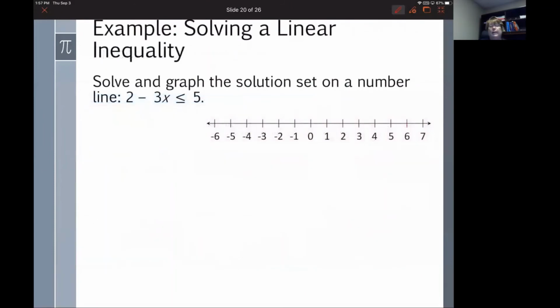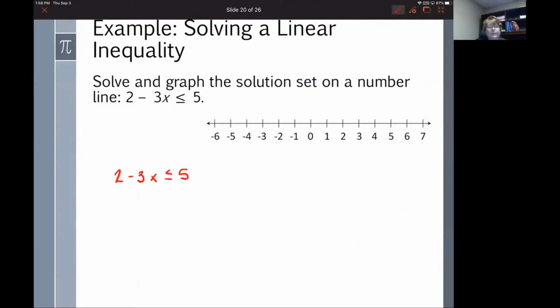Let's solve an inequality. We're going to solve it, write it in interval notation, and graph it. So I have 2 minus 3x is less than or equal to 5. I pretty much solve this just like I would solve a linear equation.